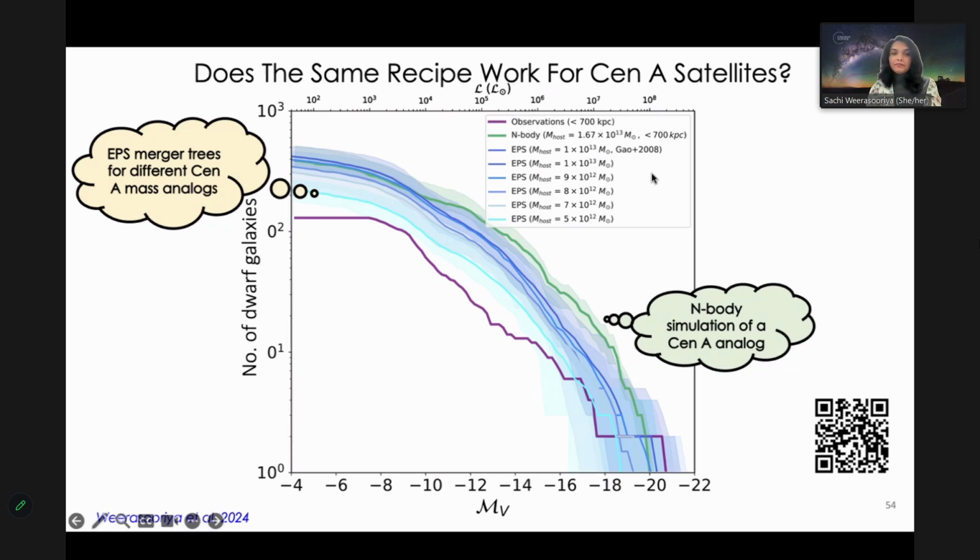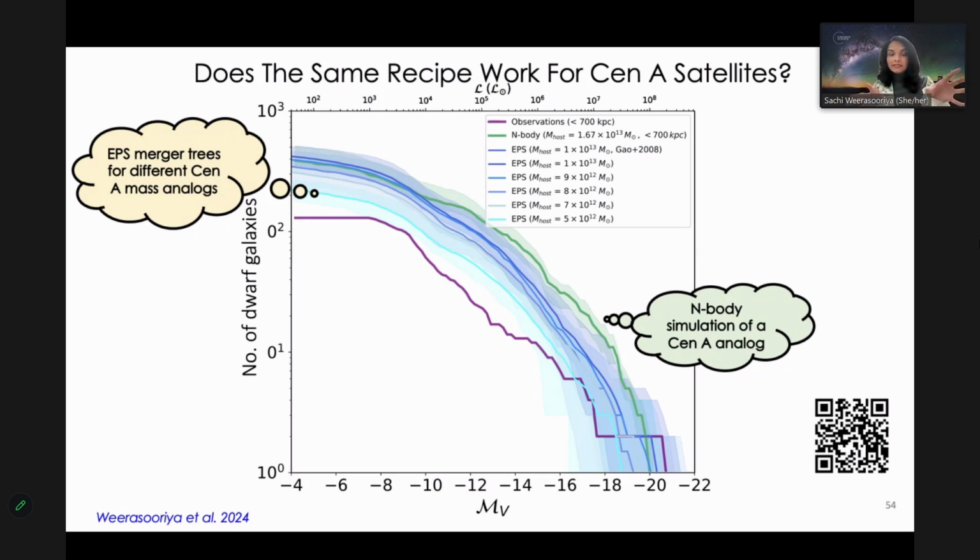Typically, these types of merger trees don't have positional information, but Galacticus can give the positional information based on a calculation it does. So this is very useful when building statistics. If you want to look at a larger number of galaxies, EPS merger trees is the way to go. For example, for Roman predictions.